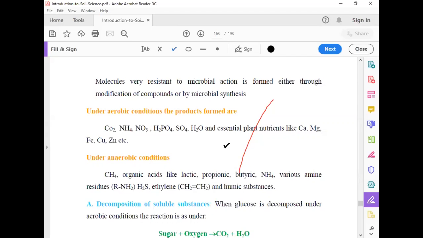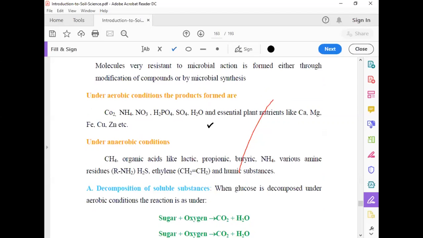The anaerobic condition includes methane, organic acids like H2CO3, then lactic, propionic, and butyric acid, NH4, various amines, and humic substances.